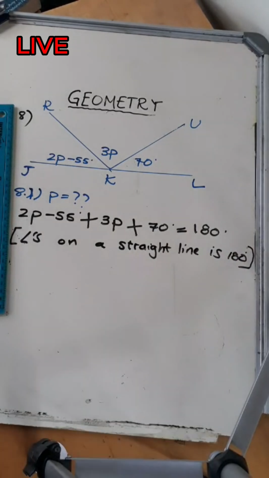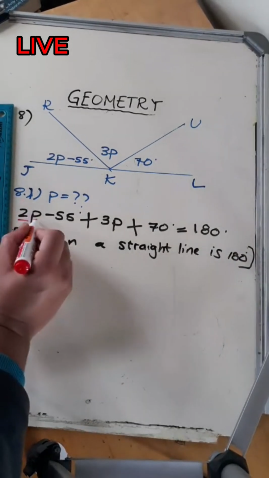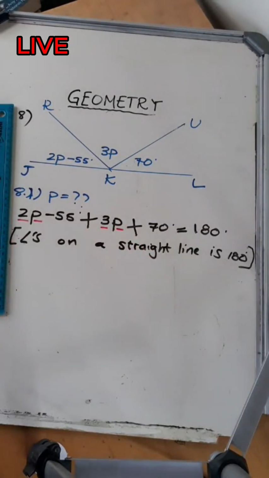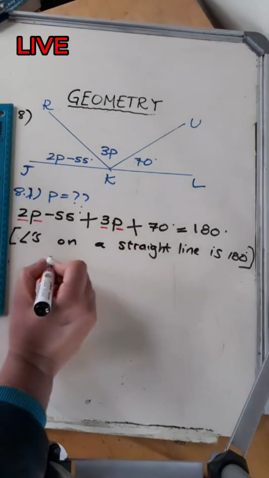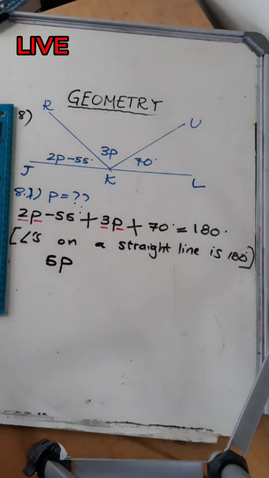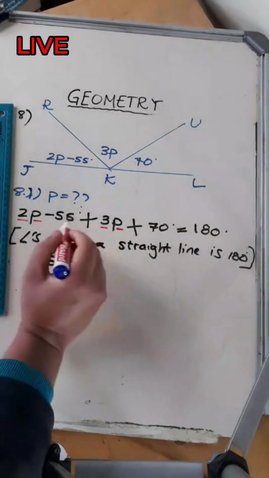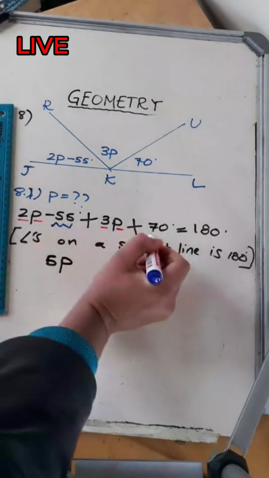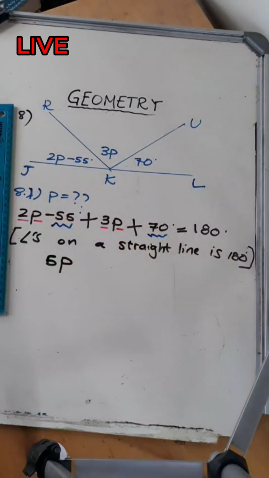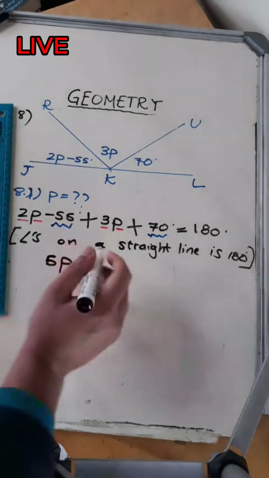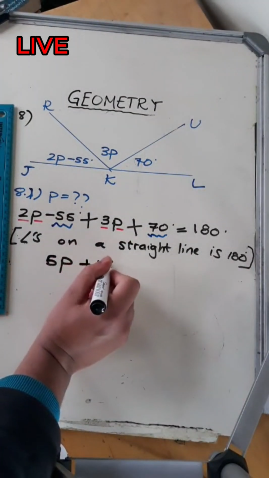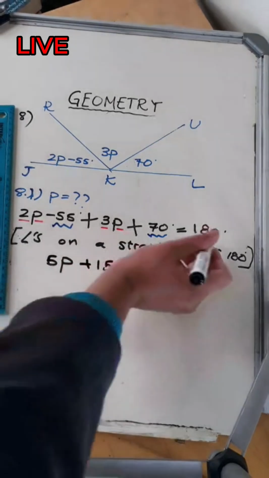Now I'm going to add up the like terms, which is this one here and that one. That's going to give us 5p, so let's write it down. So it's 5p and this here plus the minus 55 plus 70 is going to give us minus, not minus, but plus 15 degrees is equal to 180.